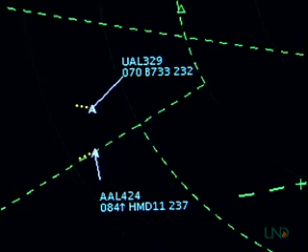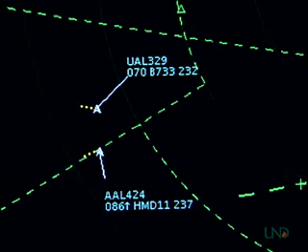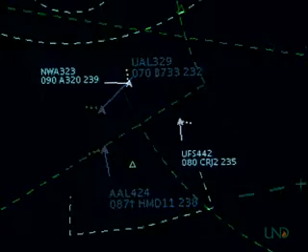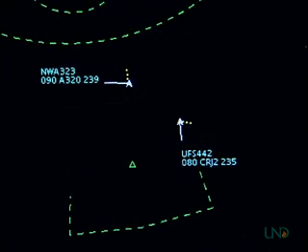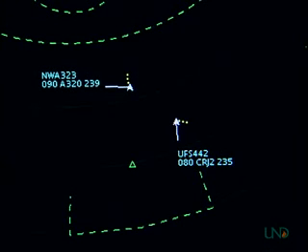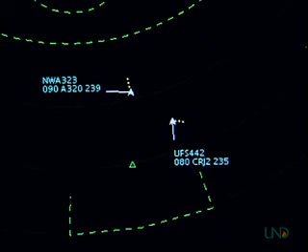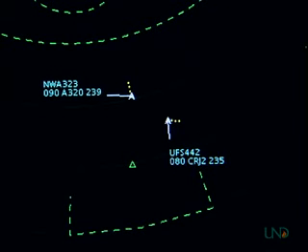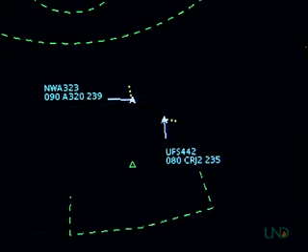United 329, traffic in sight. American 424 heavy traffic 10 o'clock, 2 miles eastbound, Boeing 737 level at 7000. American 424 at the traffic site. Northwest 323, traffic 11 o'clock, 5 miles, westbound CRJ, level at 8,000. Northwest 323 at the traffic site. Feeder flight 442, traffic 1 o'clock, 4 miles, southbound A320, level at 9,000. Feeder flight 442, traffic in sight.